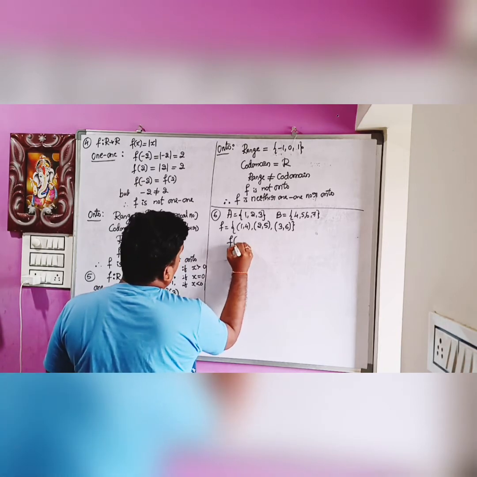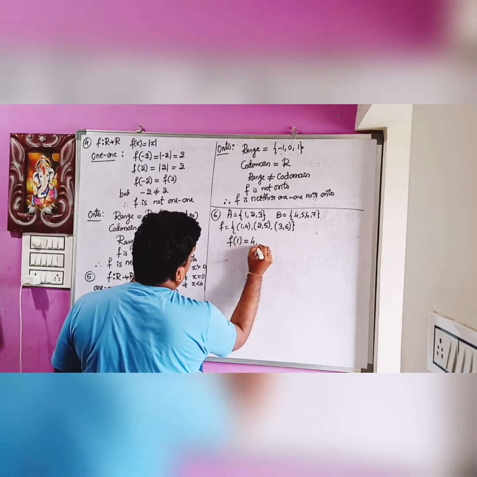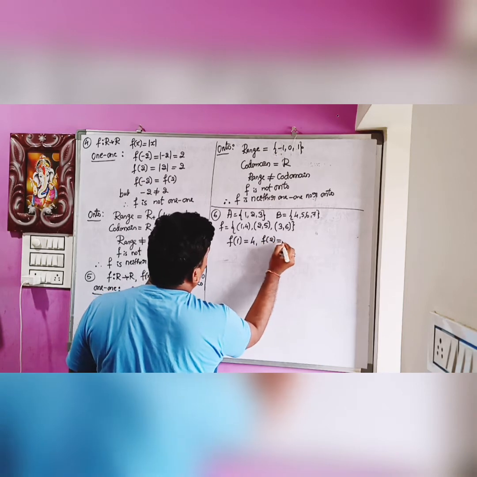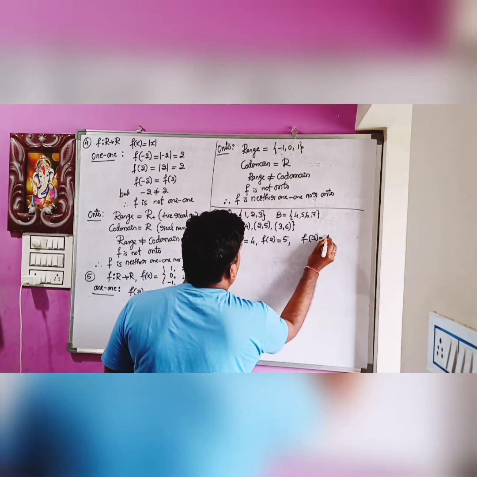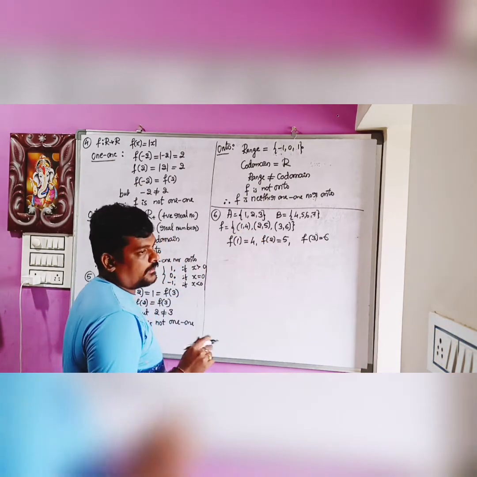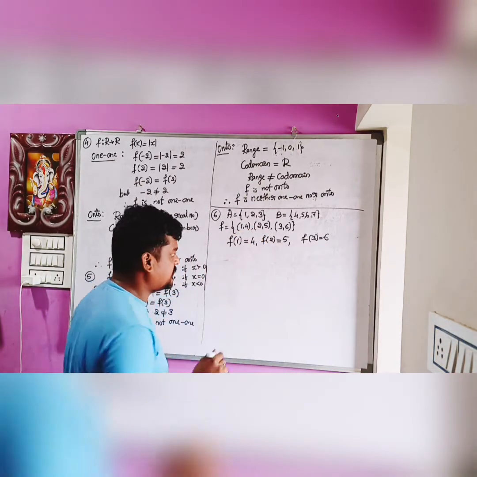See here, F of 1, the image of 1, is 4, image of 2 is 5, image of 3 is 6. Means all the elements of A have unique and distinct images.